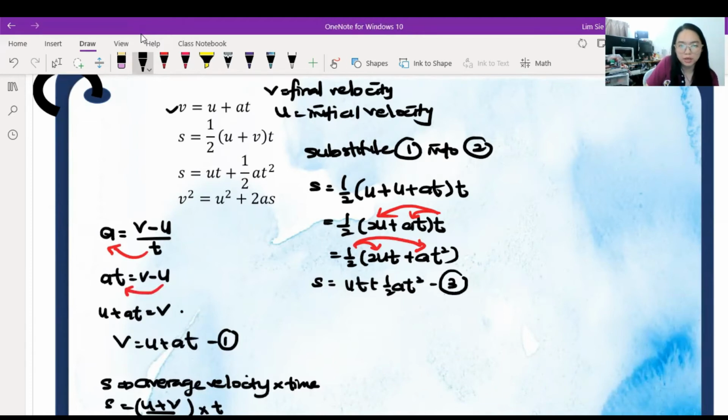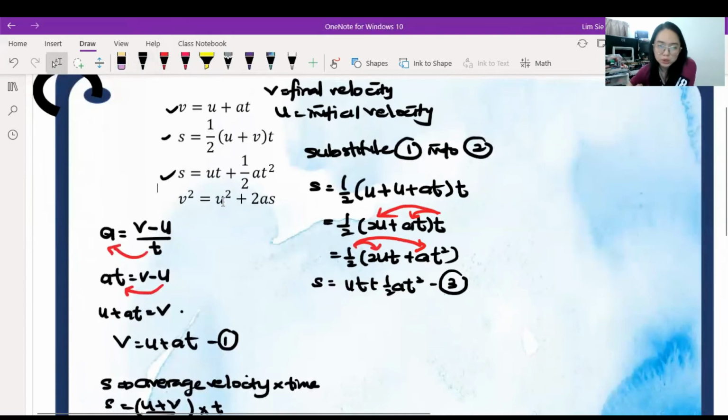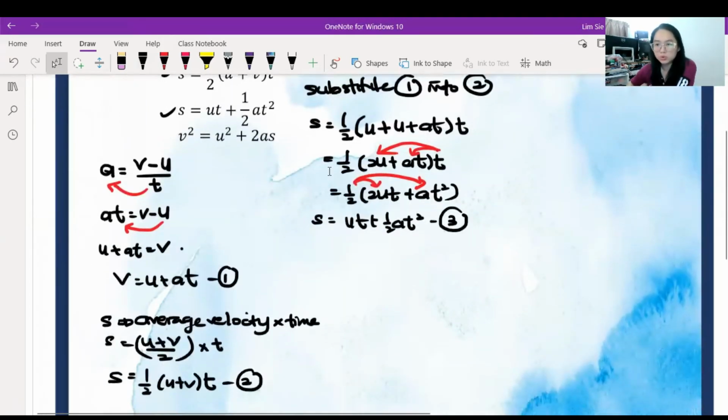You see here I have 1, 2, 3 already. Now for the last equation, which is V squared is equal to U squared plus 2AS, this is a little bit tricky, but I think it can still be solved. I will choose S equals U plus V over 2 multiplied with time.